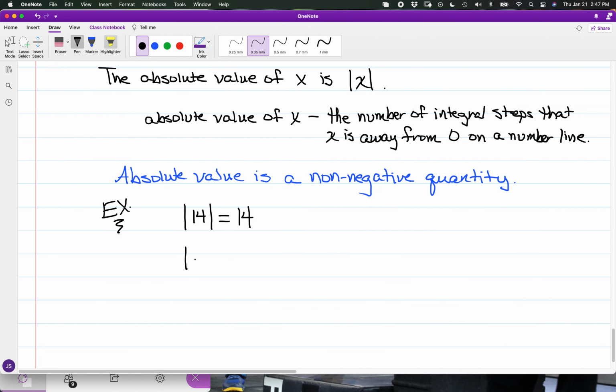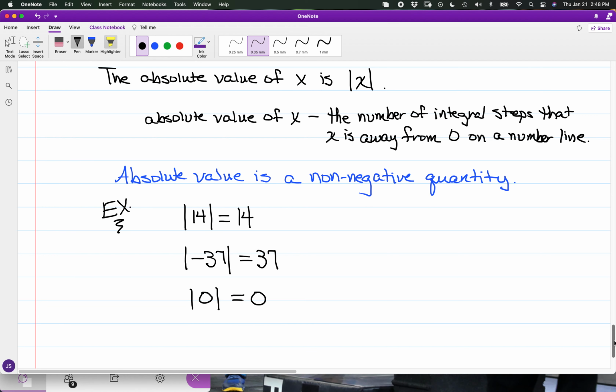And likewise, the absolute value of a negative number, like that of negative 37, is going to be 37. So negative 37 is 37 steps away from 0, but on the other side. And in the case of the absolute value of 0, you're not moving away from 0, so the absolute value of 0 is 0.